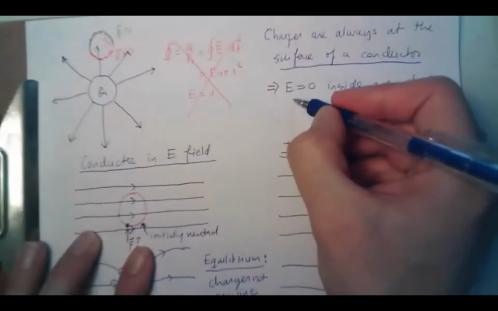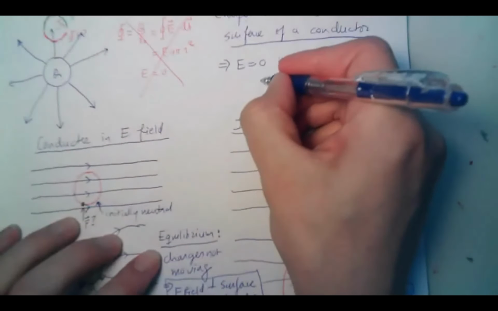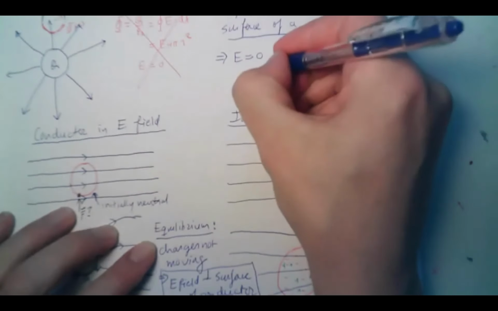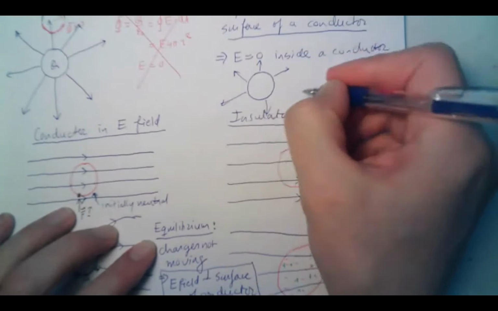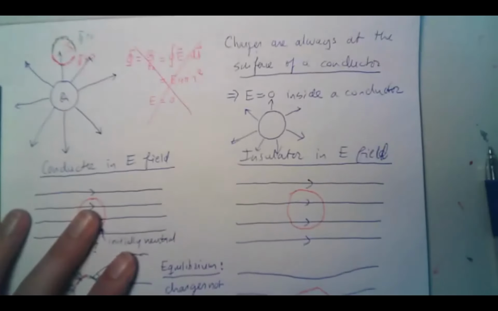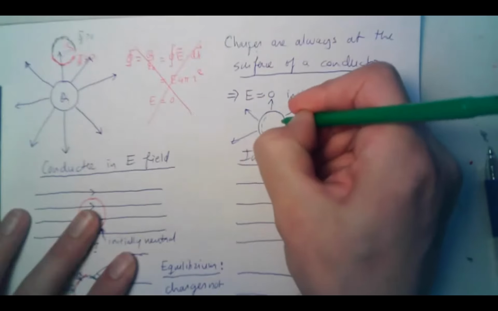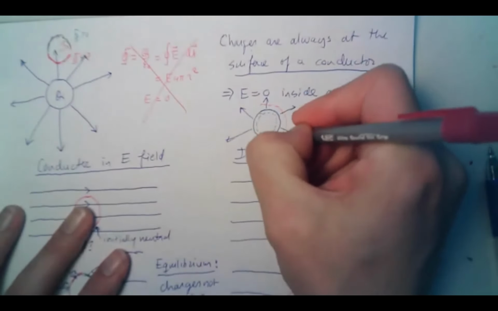Okay, for this statement, we need Gauss's law again. So we have a charged sphere, and we can put our Gaussian surface here. We could also put it here.